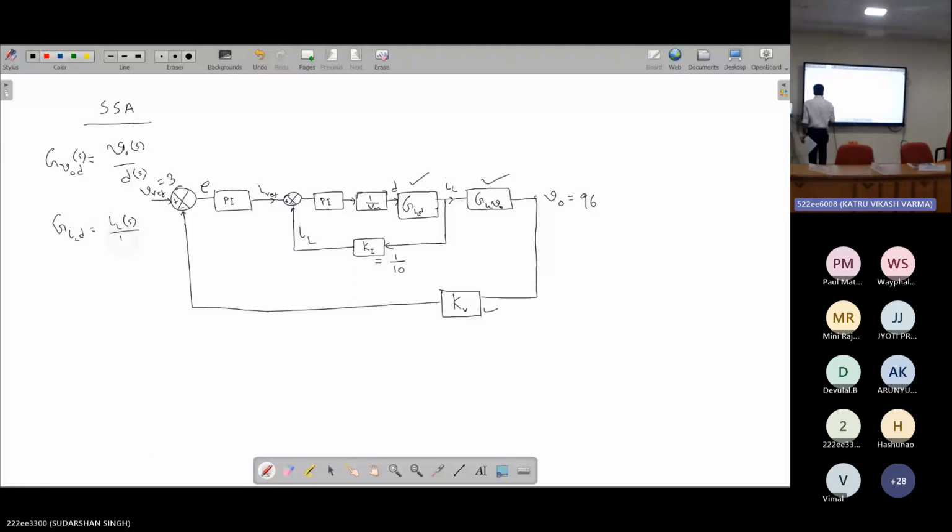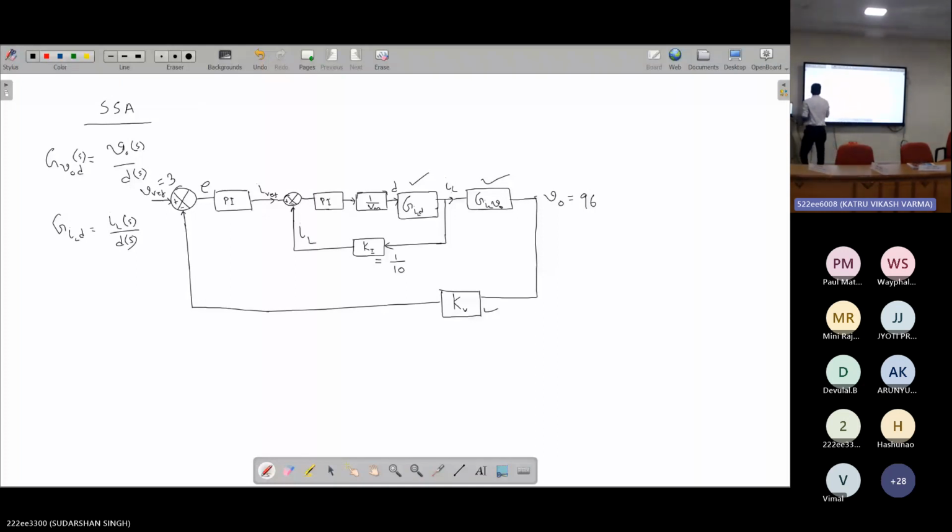It is available in the book. Many books have it. It is also easy, but today time is not there. You just have to write down the state space equations, then find the average model of the state space for the on-time circuit and off-time circuit, and from there you can do the linearization. You will get these two.